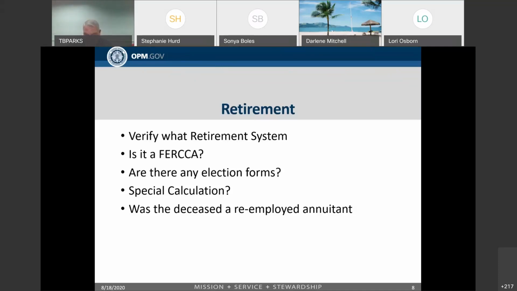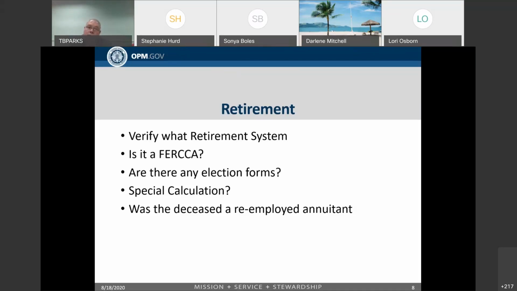Also, was the deceased a reemployed annuitant at death? If so, was OPM notified of that reemployed service? If yes, note this on the summary of service. There are many times that we're not even notified of that until the death IRR comes through.